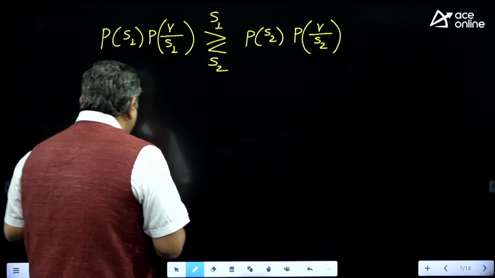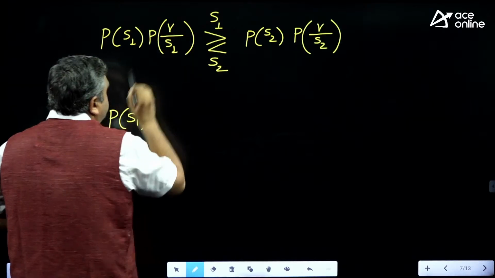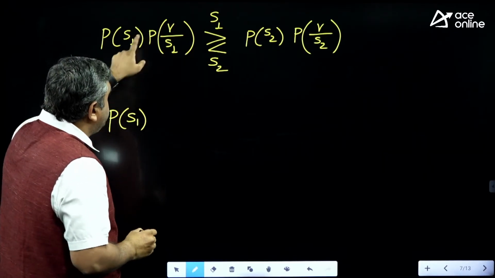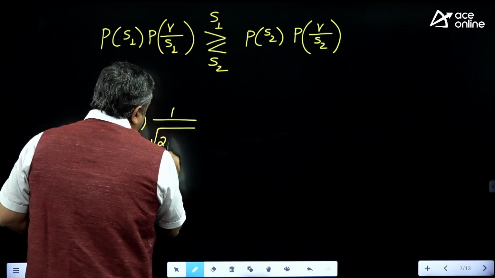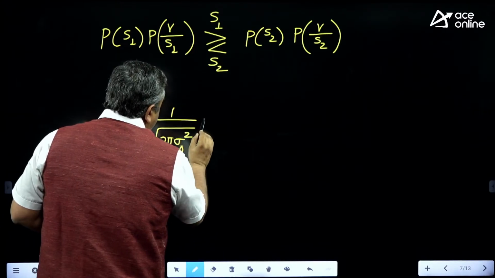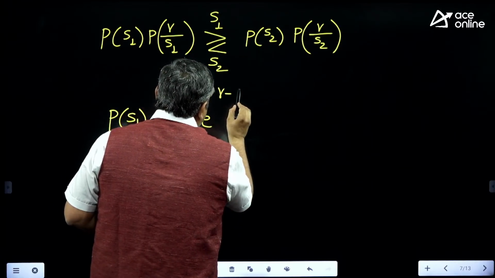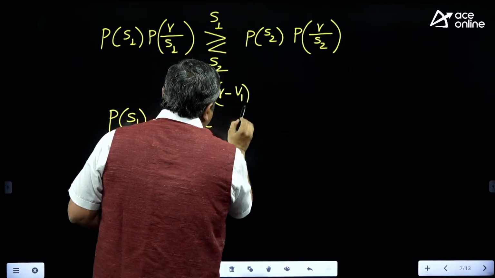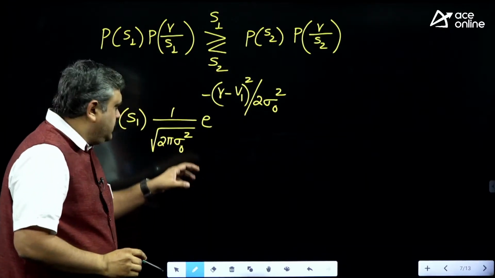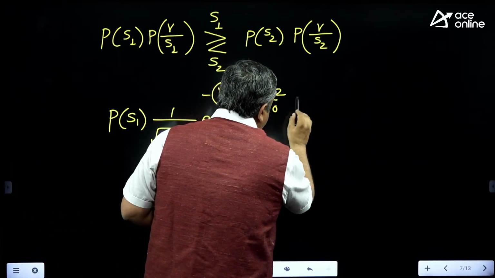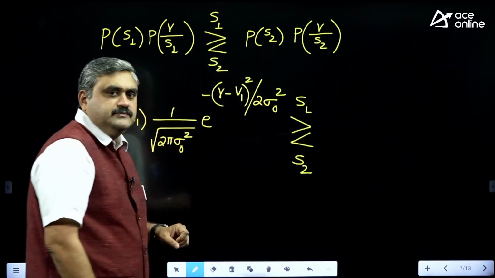So what you can write here now, P of S1 into, this is nothing but your density function of S1, density function of the received signal when S1 is transmitted, meaning 1 by root 2 pi sigma naught square e power minus of R minus mean V1 whole square by 2 sigma naught square. Finish. If it is greater, decode as S1. If it is less, decode as S2. Got it?